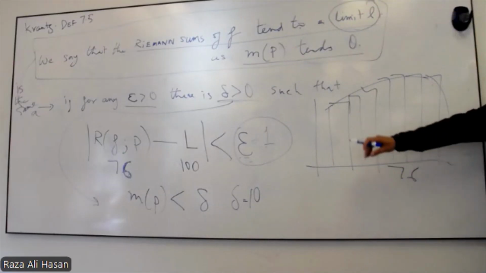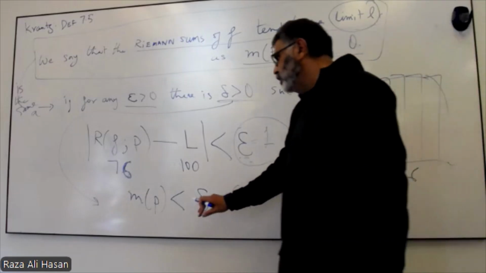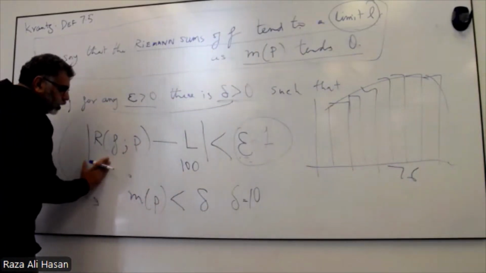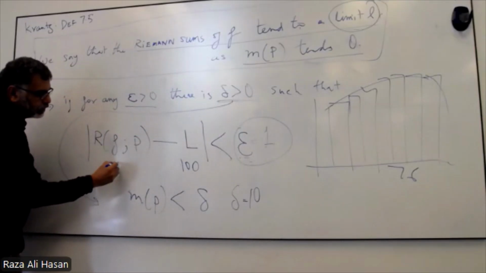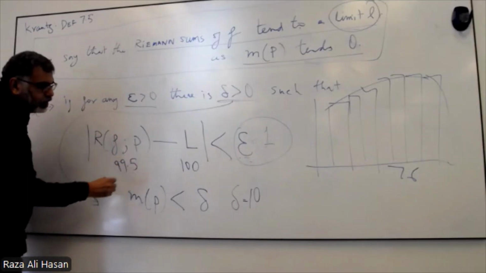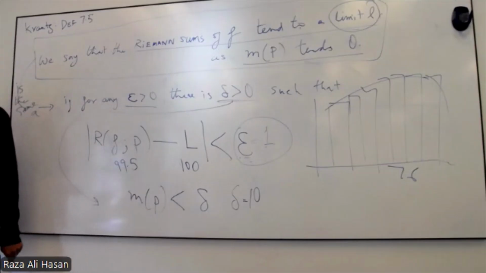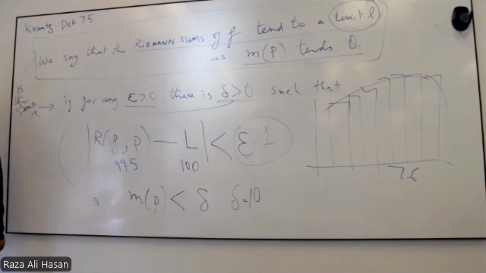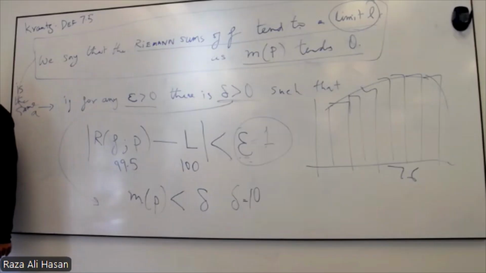If our epsilon is 1, if our error is 1, which means this has to be 99.5. We're back to that. Does the delta, do I increase the size of the delta or make it smaller?